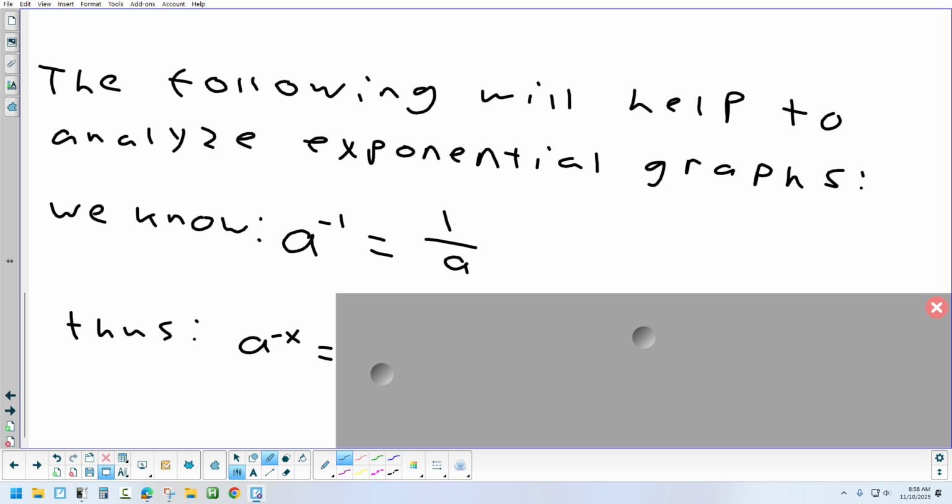What number is in front of the x, even though it's not written there? 1. Yeah, or in this case, it's like having a negative 1. So you could think of it as, let me just write it in like that. It's a to the negative 1 times x. Anybody remember there is a rule for when exponents are multiplied together like that? When does that happen?